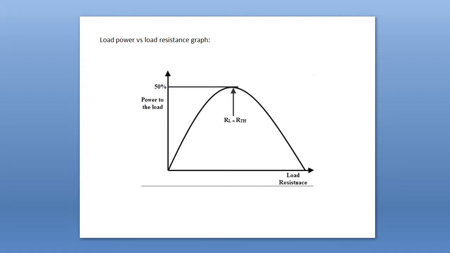The condition when maximum message transfers from the transmitter side to the receiver side through the antenna is called the perfect match condition. Okay, perfect match condition, source to load.